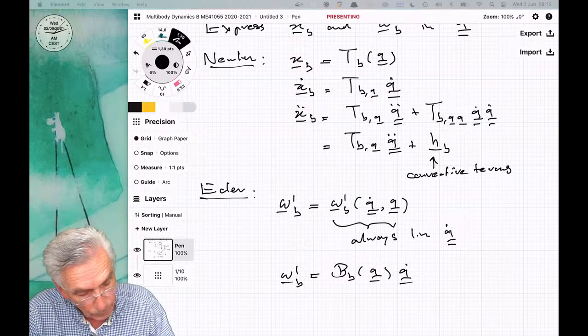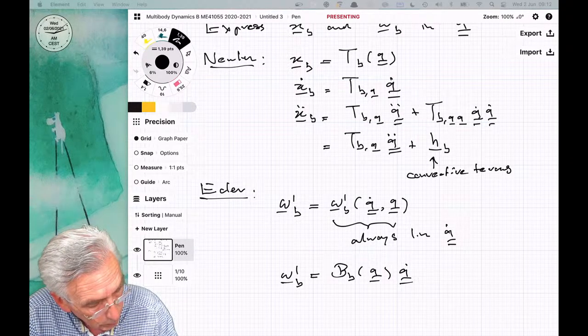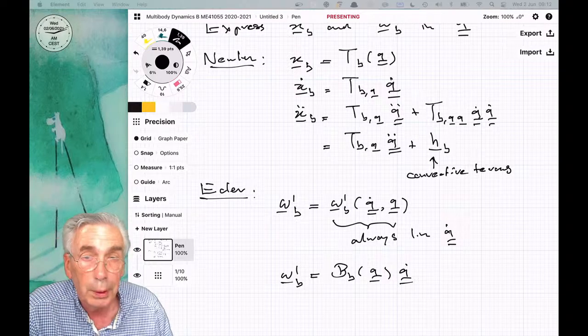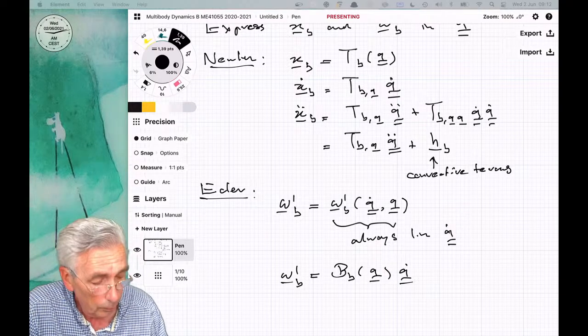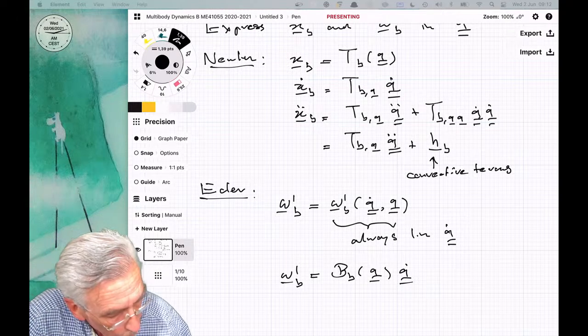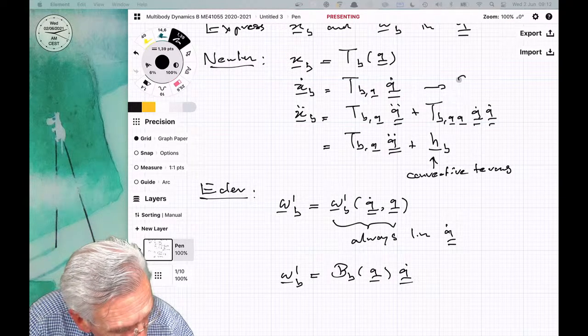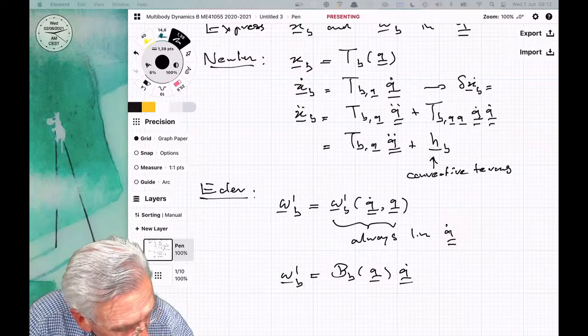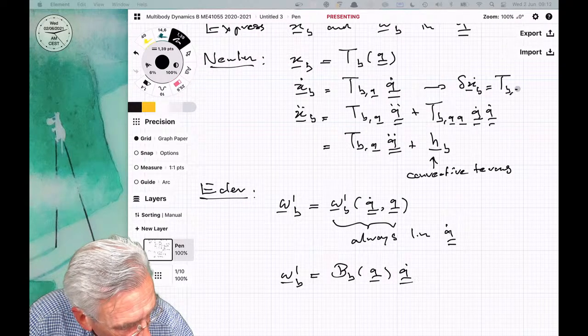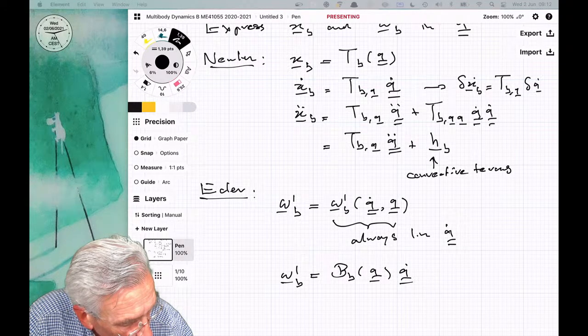Okay. Then the virtual speeds, well, we already have the speeds here. Virtual speeds are just the same mapping, TB comma Q, applied to the virtual speeds here.